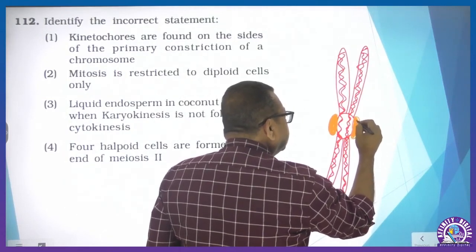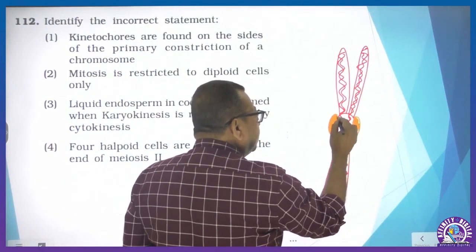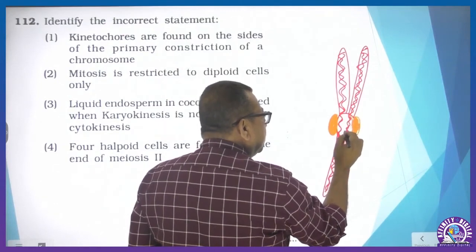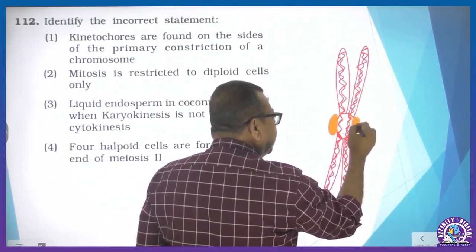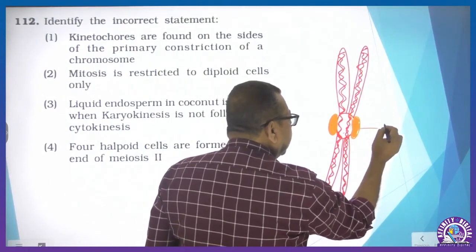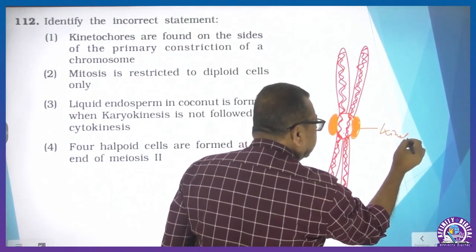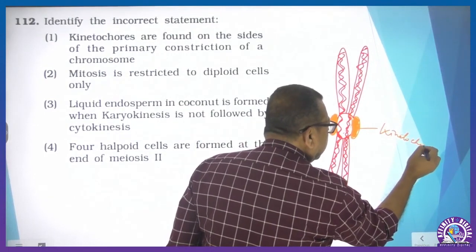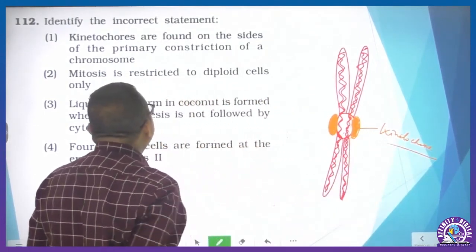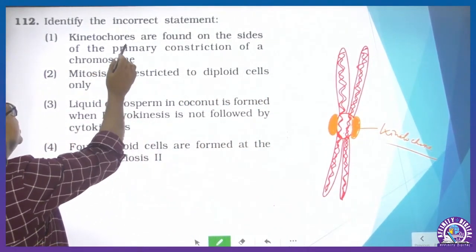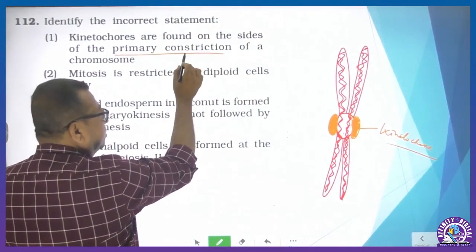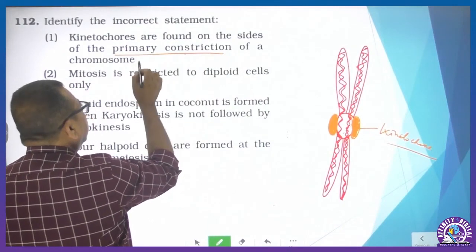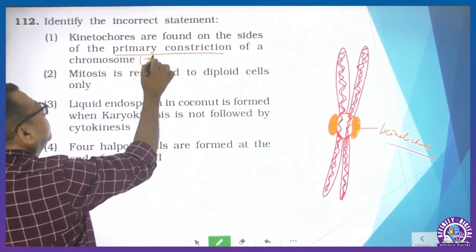So on both sides of the centromere, that is primary constriction, disc shape proteinaceous structures called kinetochores are present. इस क्रोमोसोम में 2 kinetochore है. ठीक है, अच्छा. So kinetochores are found on the sides of the primary constriction. Primary constriction का दूसरा नाम क्या है? Centromere of a chromosome. True.